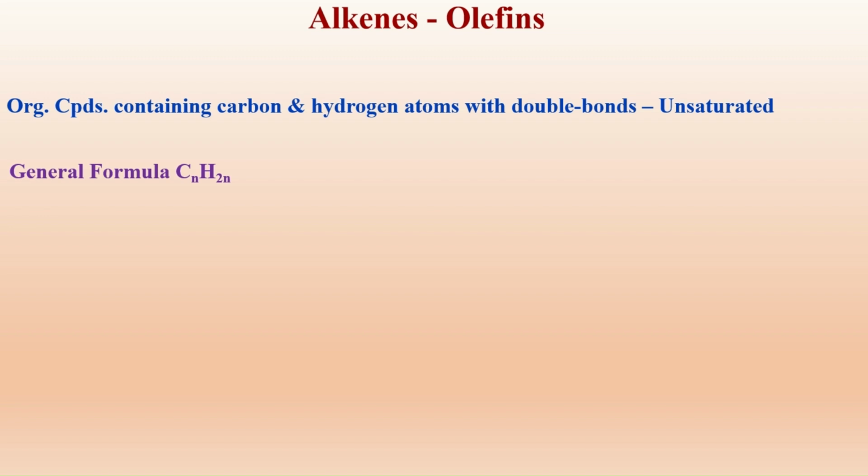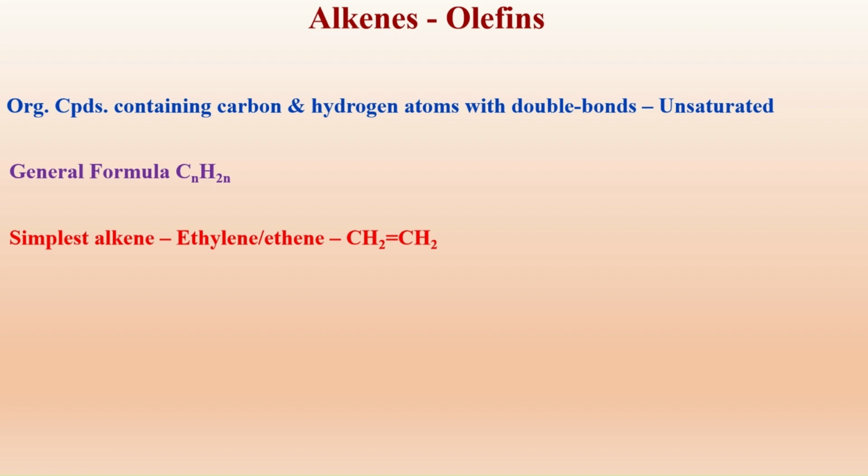When we look at the general formula, alkanes are represented as CnH2n+2. Alkenes are represented with the general formula CnH2n, where n represents the number of carbon atoms. The carbon and hydrogen are present in the ratio of 1 to 2.